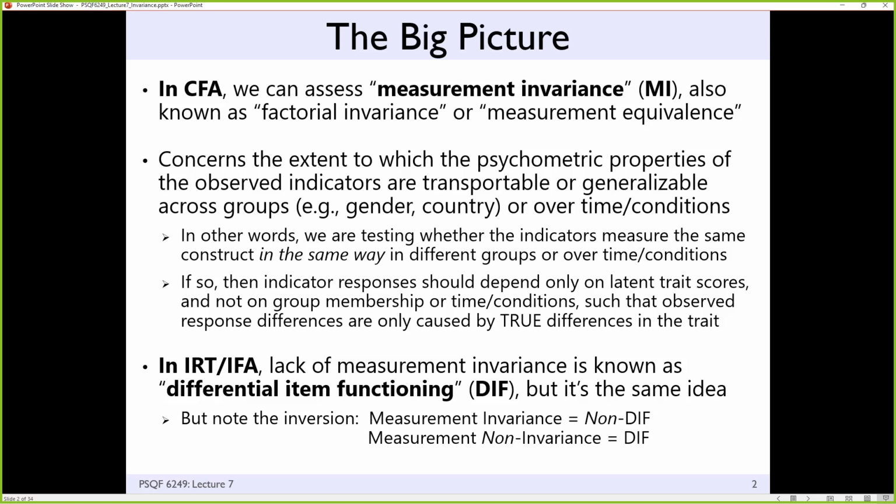Yes, I saw you looking up to the ceiling like, can I reconcile those words? Yes, you can. Measurement invariance is non-DIF. DIF is non-invariance. And this is a situation in which the terminology is truly awful.